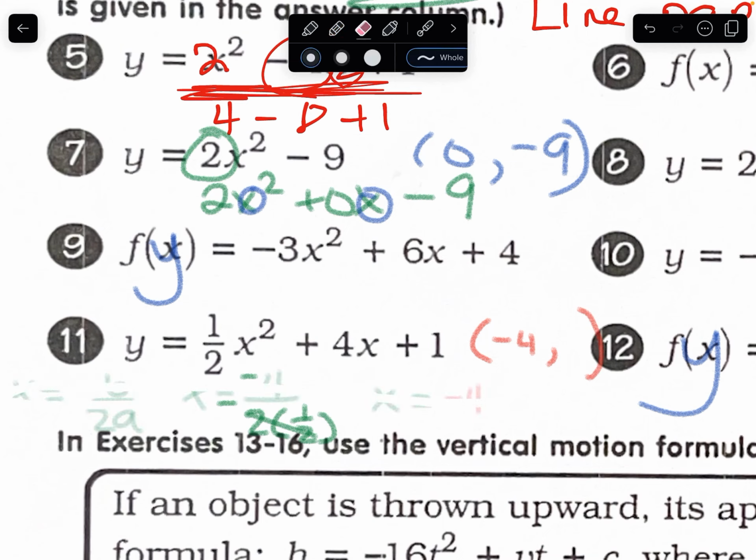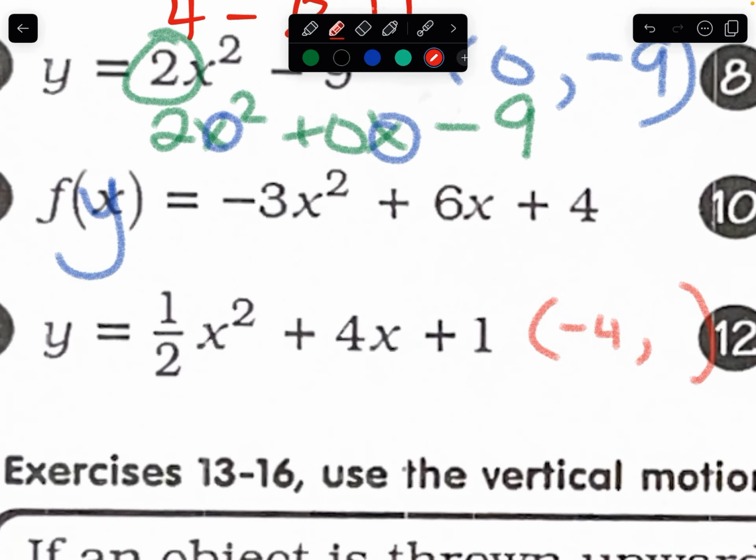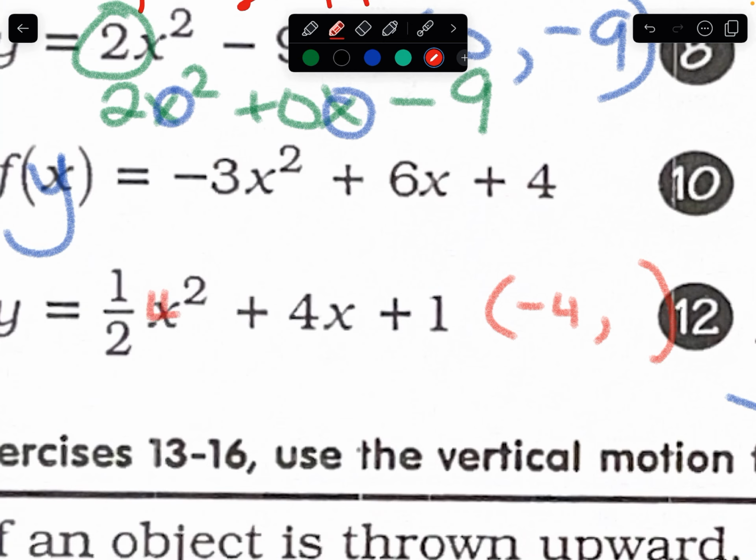This is all on line paper, and I need to see this work clearly so I know what you're doing. 4 squared, so 1/2 times 16 leaves you 8, right?